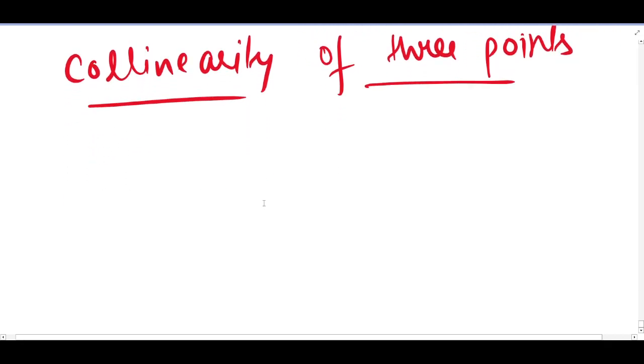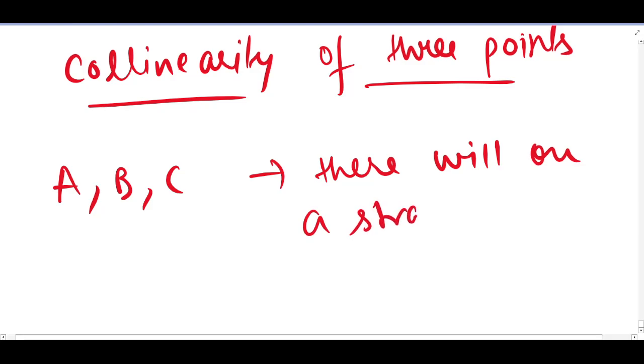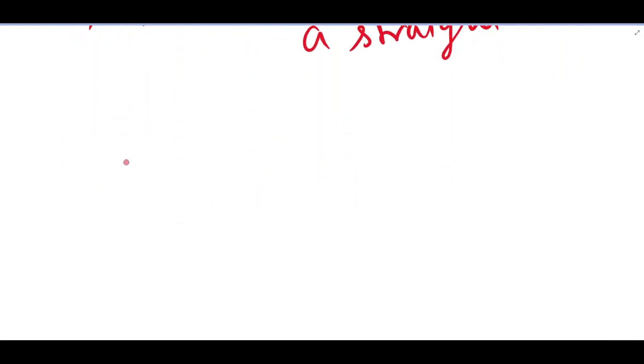So if we have 3 points A, B and C, they will lie on a straight line. Then we can say that the slope of AB is equal to the slope of BC.